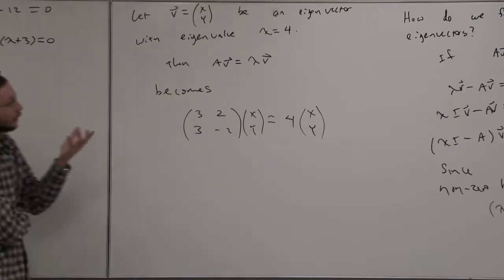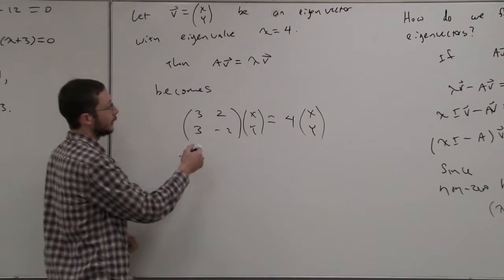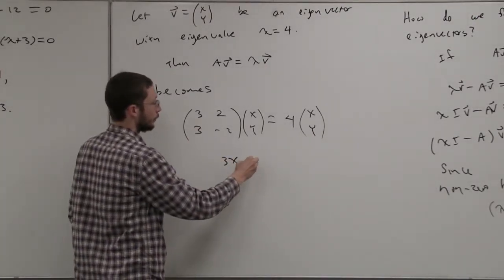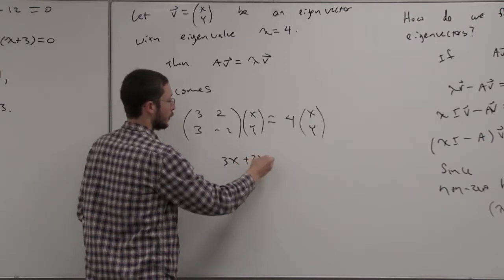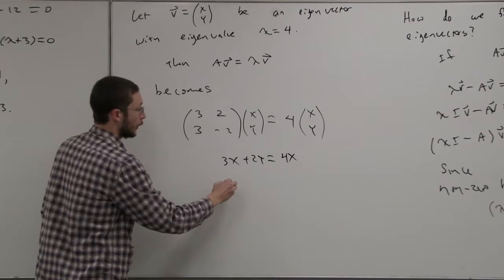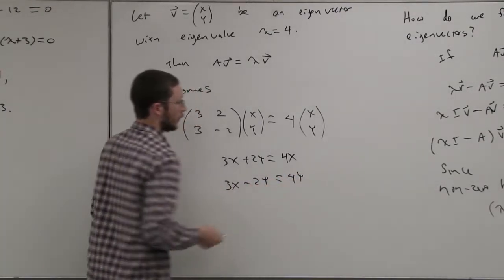And at this point, this is really just a system of equations, right? We can rewrite this in system form. We get 3x plus 2y equal to 4x, and 3x minus 2y equal to 4y.